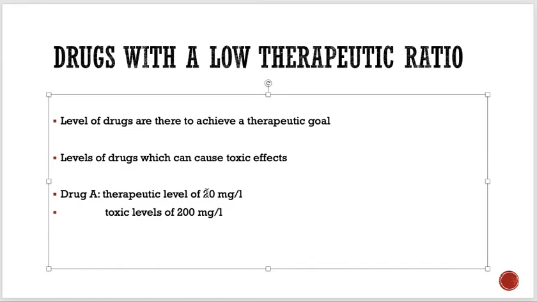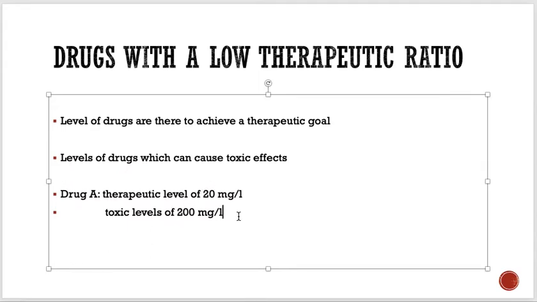So what it means is we have a big range here. Of course, if we give less than 20 milligram per liter, it will not cause any effect. So we can give 30, 40, 50, 60, 70, 80, 90, 100, 110, and so on. Below 200, everything is safe. So see, there is a big range we can play with, right?